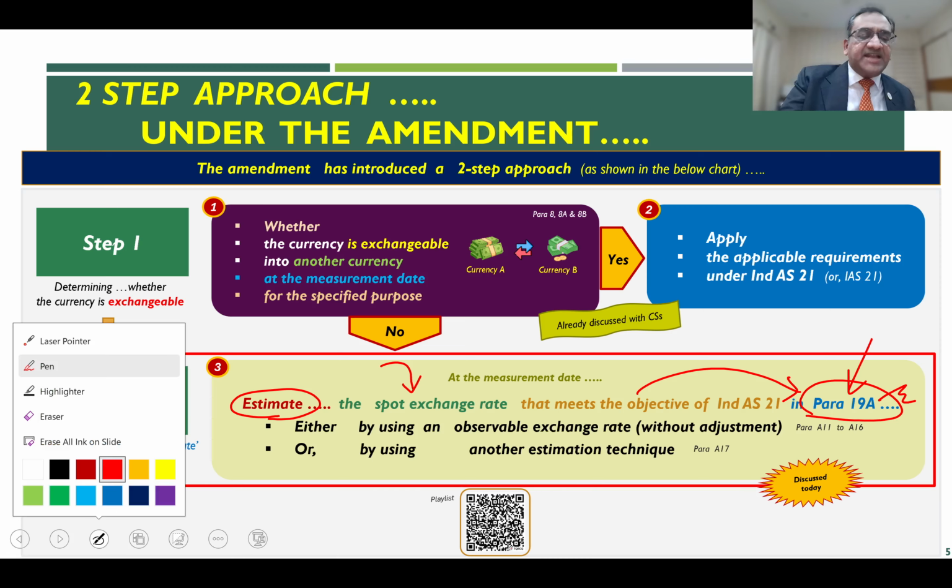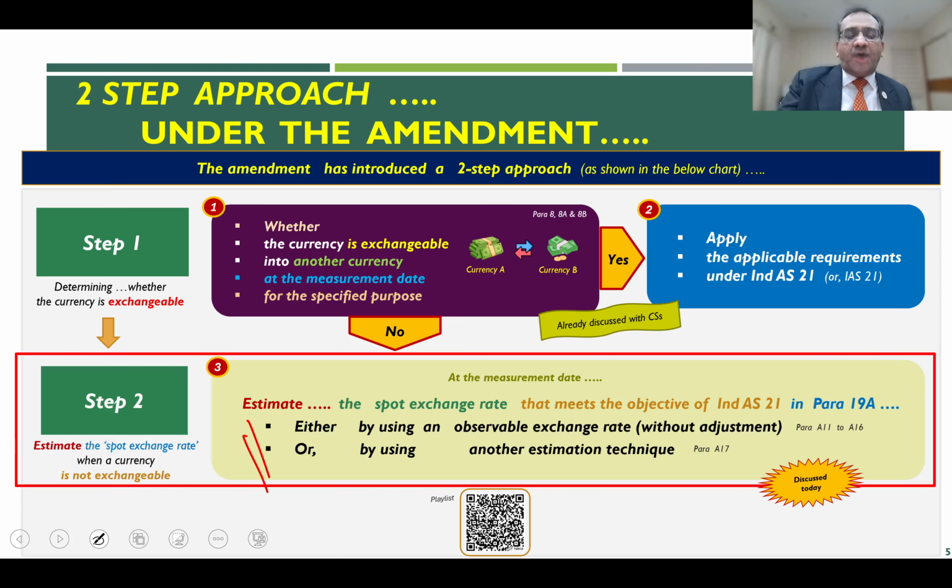Now, the amended standard also gives you 2 options when you are estimating the spot exchange rate. Either you can do that by using an observable exchange rate without adjustment, and for this, the relevant literature is paragraph A11 to A16 in the amended standard Appendix A. Or alternatively, you may use any other estimation technique if for some reason you are not able to use any observable exchange rate.